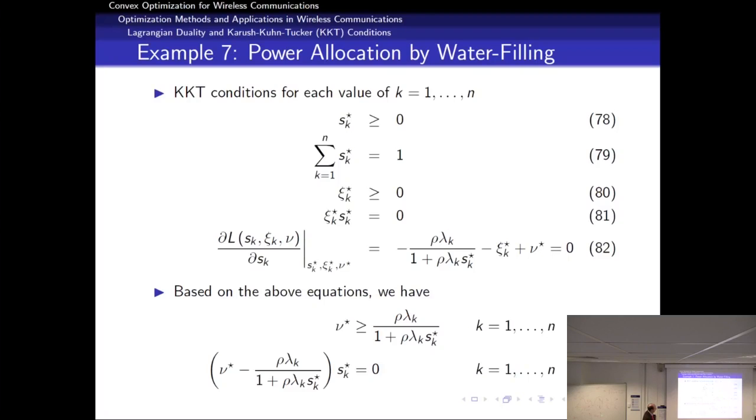And so you end up with 5 equations, and from those 5 equations, you can write 2 of them that are actually very meaningful. So this one, we know this is positive, right? So if you bring this on this side, this term has to be positive. And so essentially, you're going to have V has to be larger than this, because this is positive, so this is what you have here.